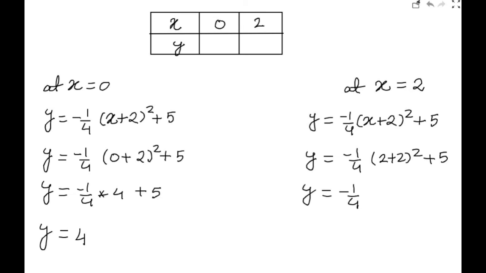That's going to be 4 fours or 16. So 16 and plus 5. We simplify this, and that's going to be positive 1. Okay, so the 2 points we get here are (0, 4) and (2, 1). We can consider them as ordered pairs, and that will help us to plot the graph.